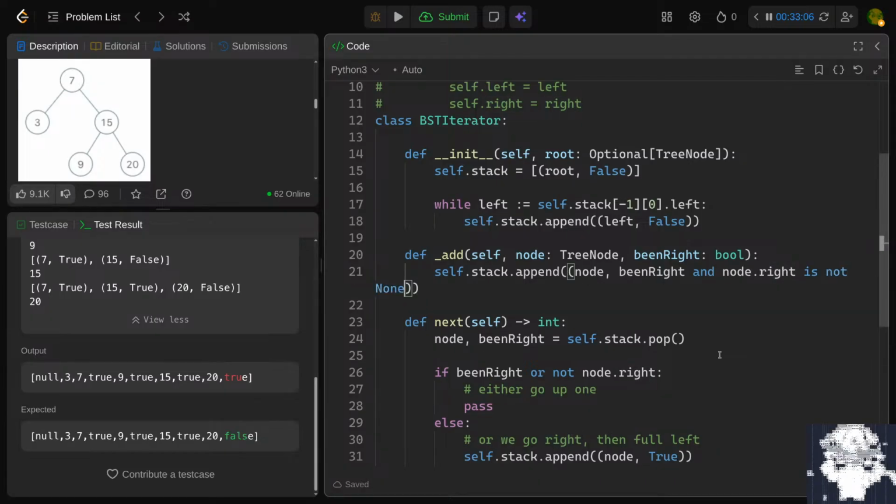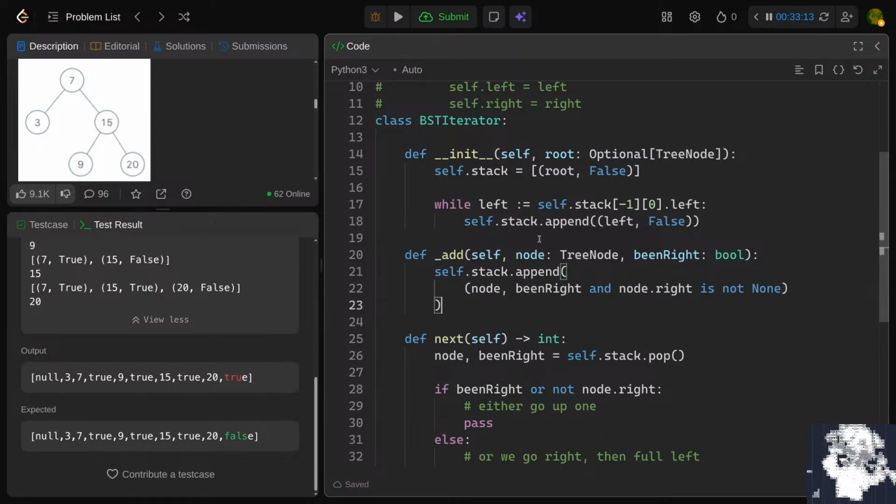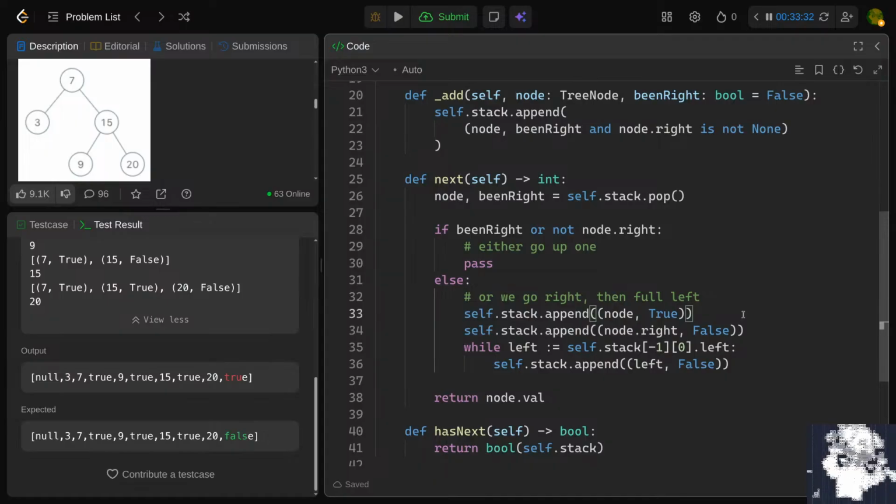Is not none. Then I can replace all of these with, and I can do equals false. Self.add_left, add_left true.